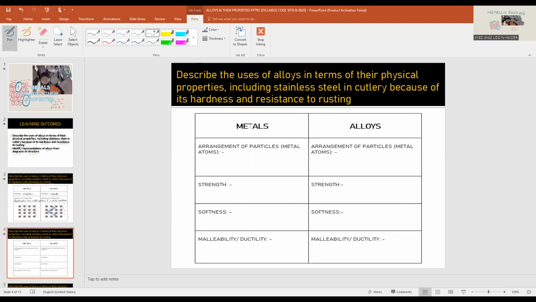The metal cations are regularly arranged in layers, but this arrangement is disrupted in alloys. This is because big size metal cations are added to a pure metal in the making of alloys. Regularly arranged.